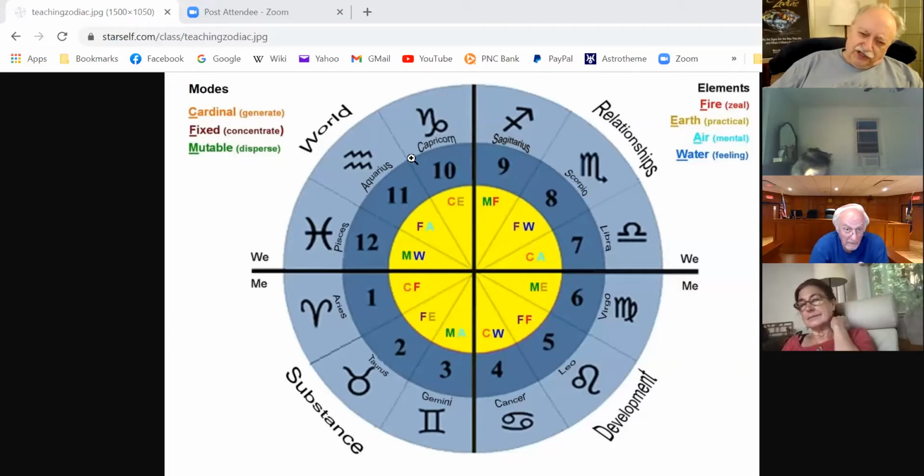Pluto started here in 1776, and it's gone around all this time, 230 some years. Pluto's gone round and round, and right now, Pluto is right here. It's right next to it, 1 degree away.